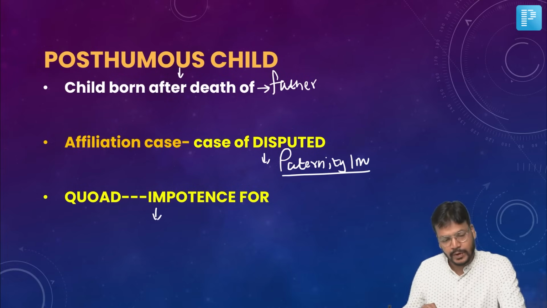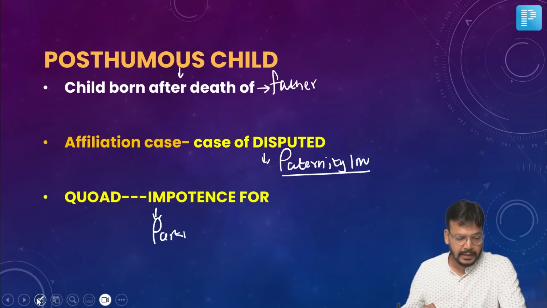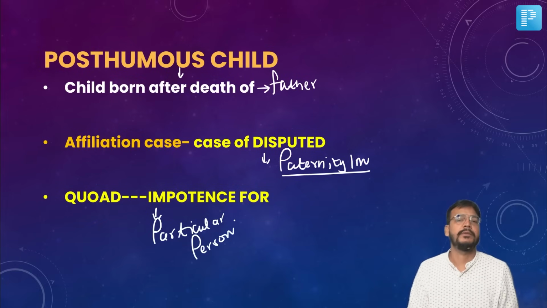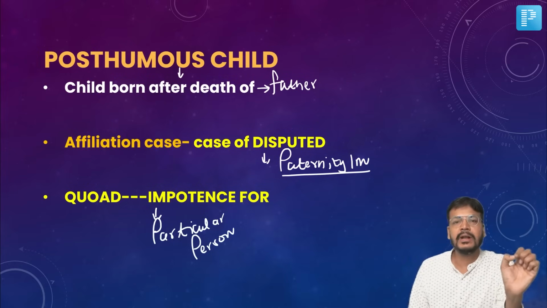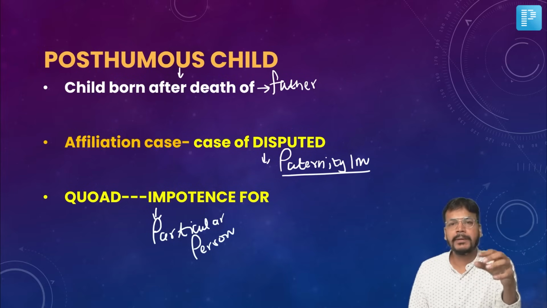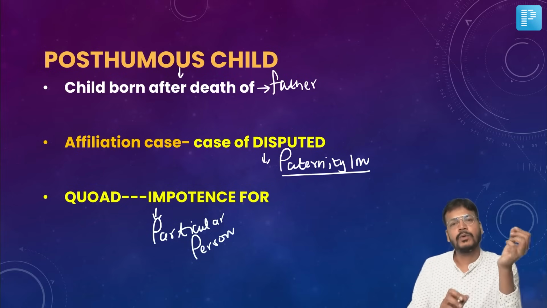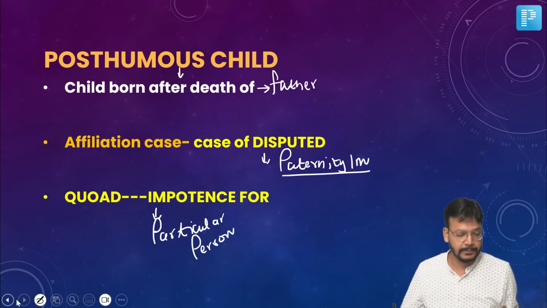And if you are impotent for a particular person, listen very very carefully, only for one person you are impotent, that means you are a quad. Posthumous child, child born after death of father. Disputed, अगर आपके paternity और maternity पे सवाल उठ रहा है, that is an affiliation case. And quad if you are impotent for a particular person.